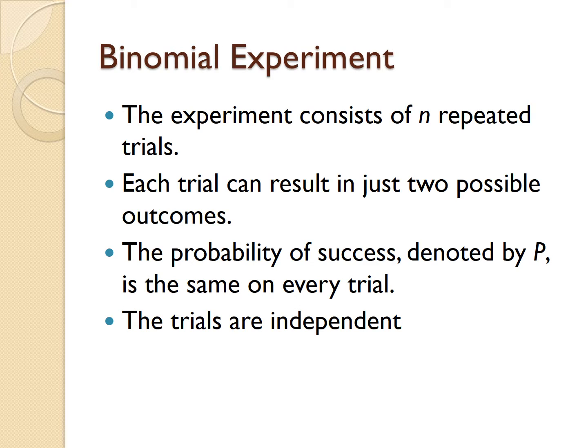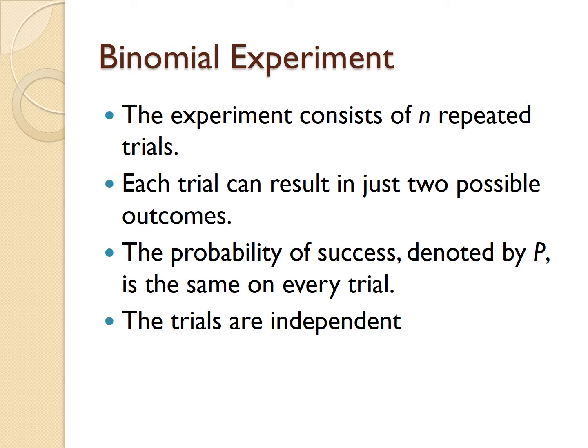The binomial experiment is a statistical experiment that has the following properties. The experiment consists of n repeated trials, and each trial can result in just 2 possible outcomes, success or failure.